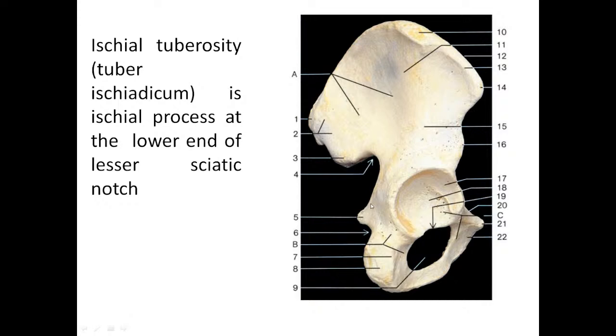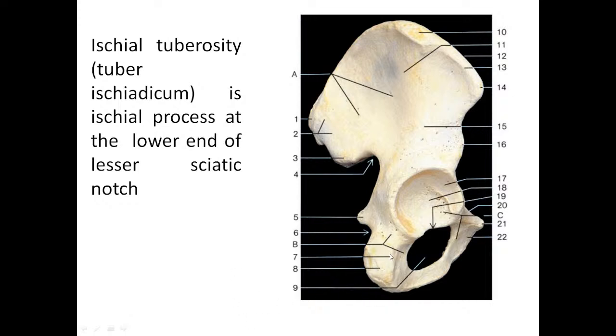This is the greater sciatic notch. Between the lesser sciatic notch and the greater is located spina ischiadica.